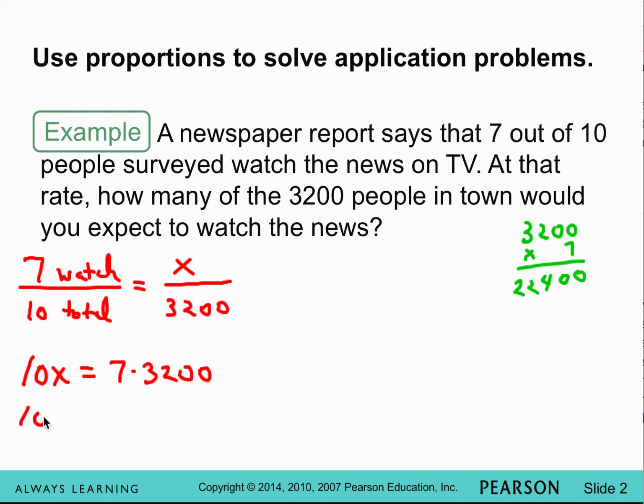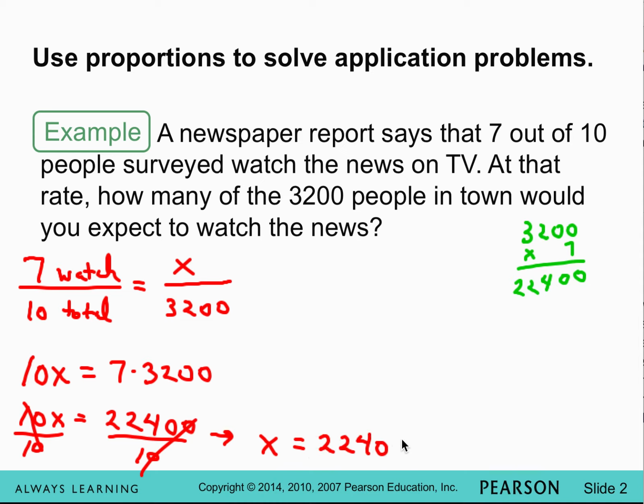So we have 10x equals 22,400. Divide everything by 10. That's a pretty easy one. Okay, so now we know that x equals 2,240 will watch, right? And what is this? It's still people, but it's people that will watch.